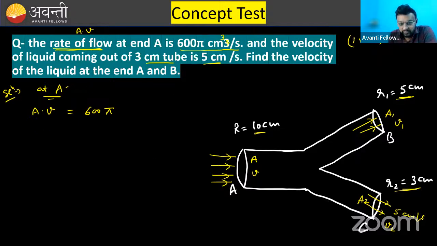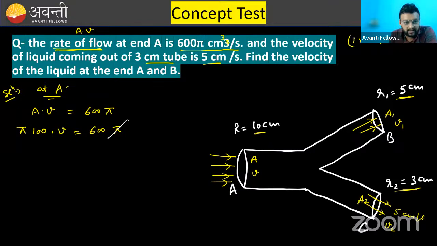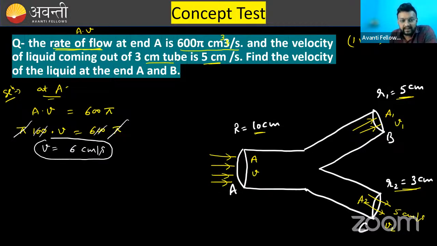Area of this portion is pi r square, radius is 10 centimeter, if you square it, it will become 100, into V is equal to 600 pi. It is completely solved. So V is equal to 6. What is the unit? I have not converted centimeter into meter, so it's still in centimeter per second. So this is the answer. The velocity at end A is 6 centimeter per second.